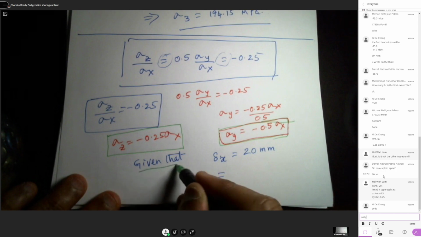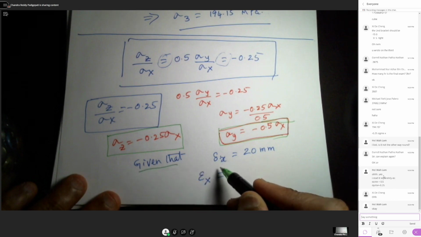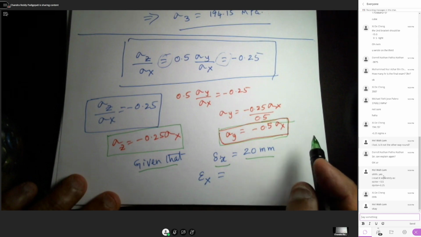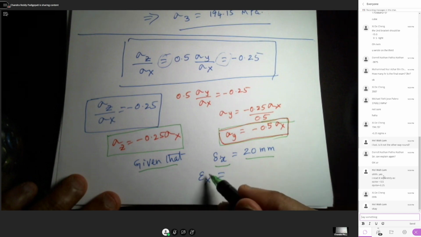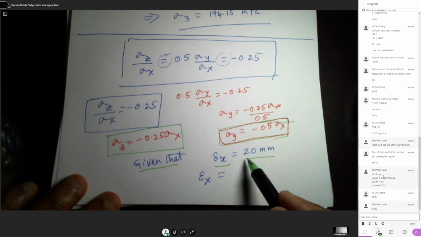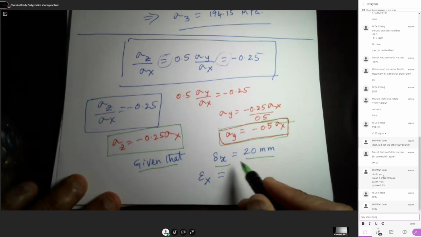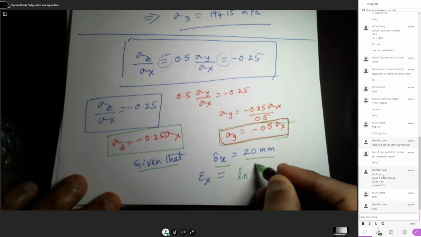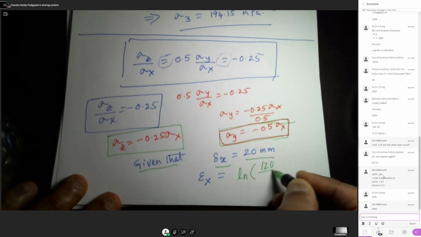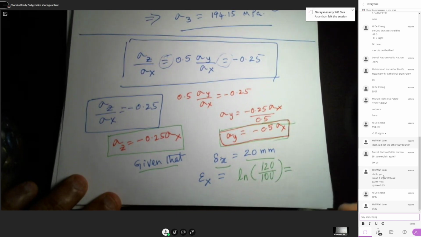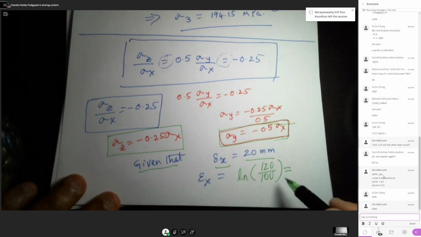All right. So what is given is that the change in length was 20 mm under proportional loading. Therefore, we'll be able to calculate the strain in the longitudinal direction. The initial length is 100, so it increased by 20, and the final length is 120. So the strain you can calculate as ln of 120 over 100. So how much will be the strain along the x-axis?